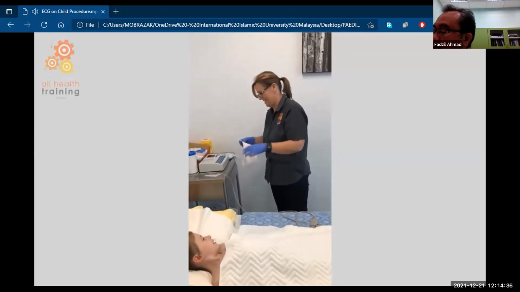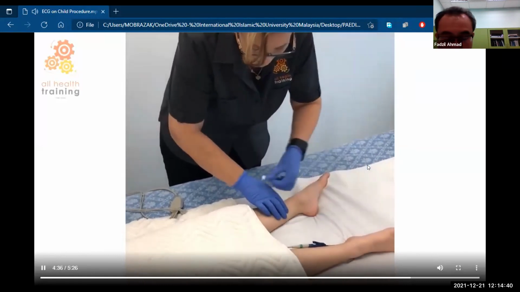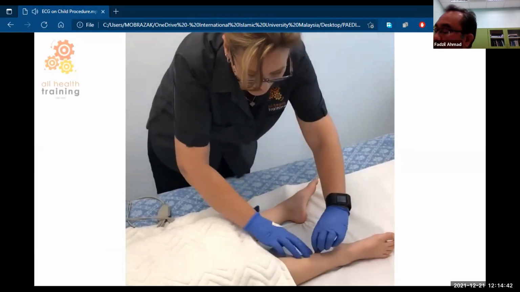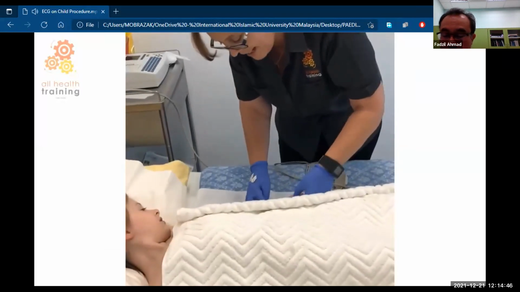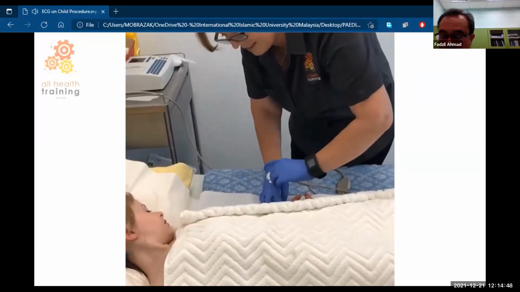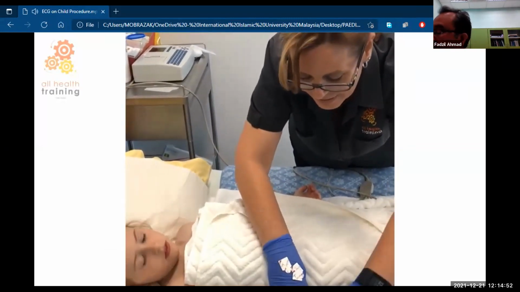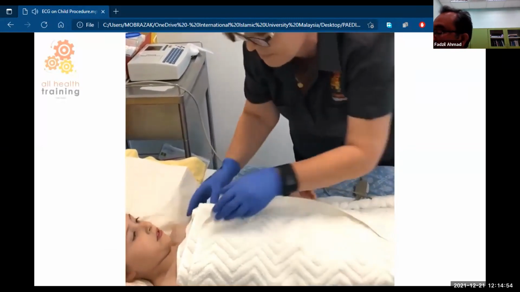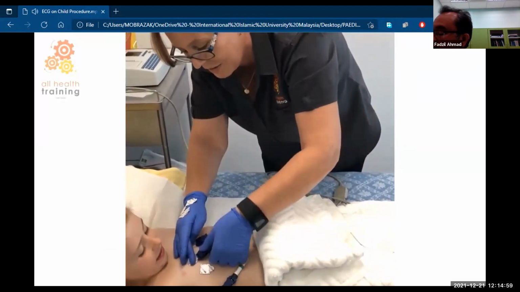Well done. We unclip the wires from the electrodes. Pull the electrode off, stick them to the glove on the back of the hand. Good girl. Just going to fold that back.